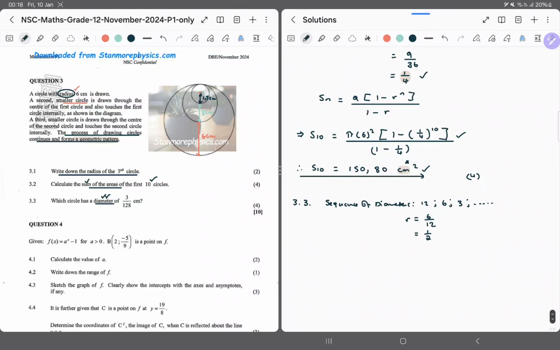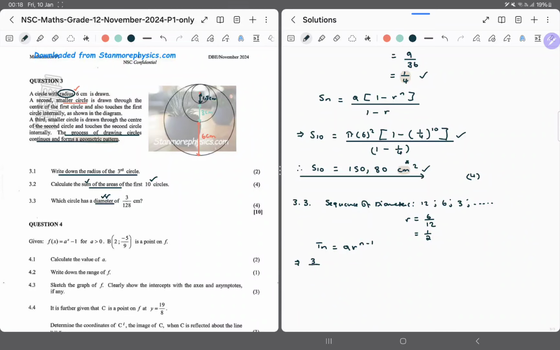Very important. Now we know just here it's all about the term in the sequence, because if we're asking which circle has, we just find the term in the sequence. It will correlate with the circle. So we know that Tn is equal to a times r to the exponent n minus 1. This implies now Tn here is the diameter.